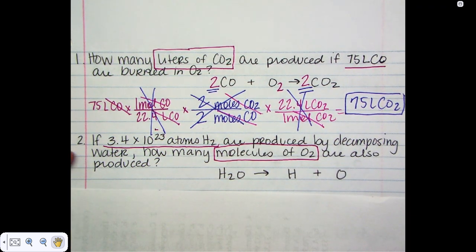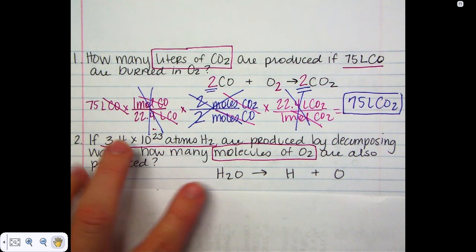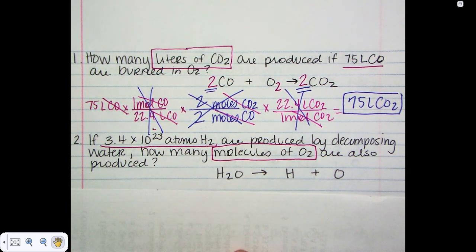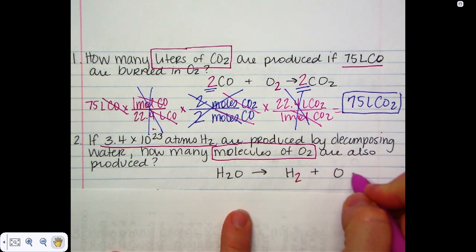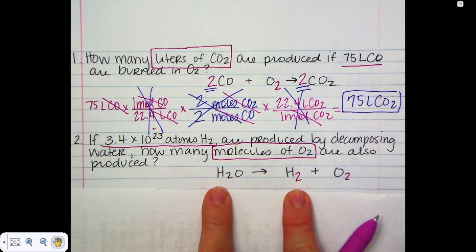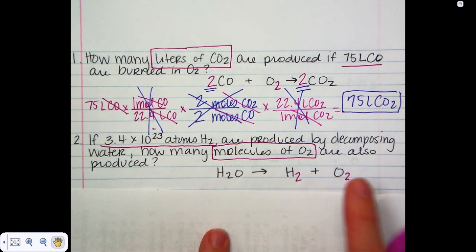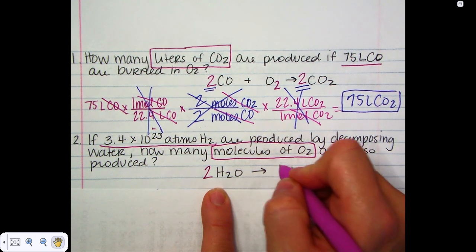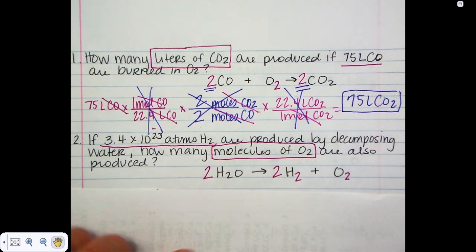It mentions water, but I don't really care. These are the only two parts I need. Now, I do need to balance my equation, so let's look at that. I've got a diatomic hydrogen and a diatomic oxygen. So 2 hydrogen, 2 hydrogen, 1 oxygen, 2 oxygen. So if I put a 2 here, that gives me my 2 oxygens. That's going to give me 4 hydrogens, so 2 here. All right, so now I'm balanced.